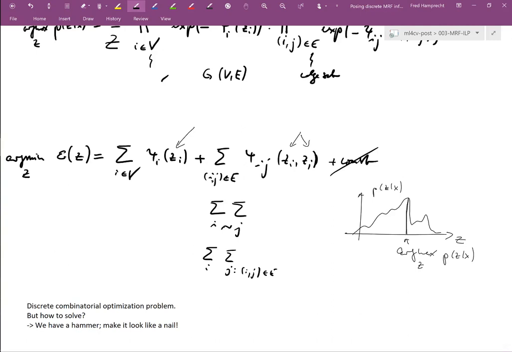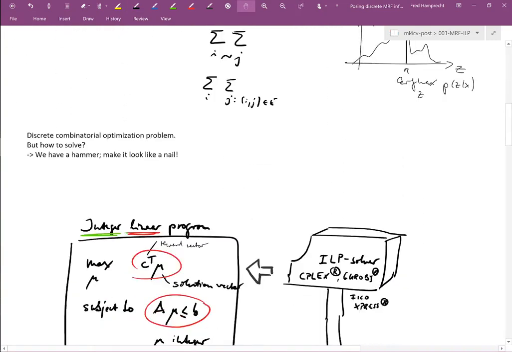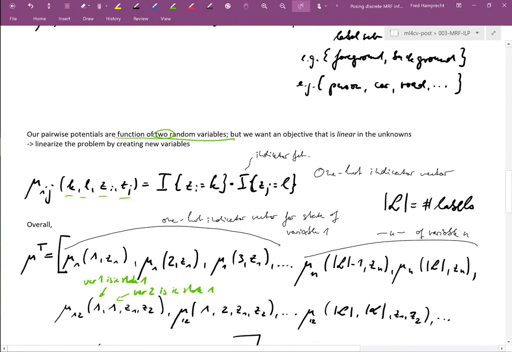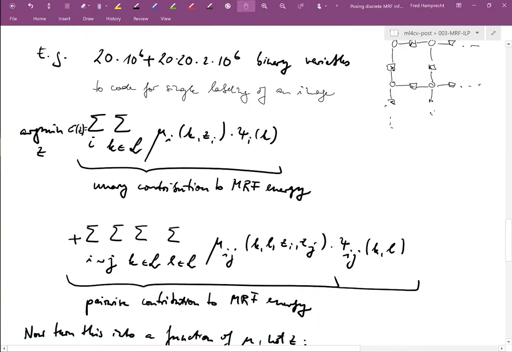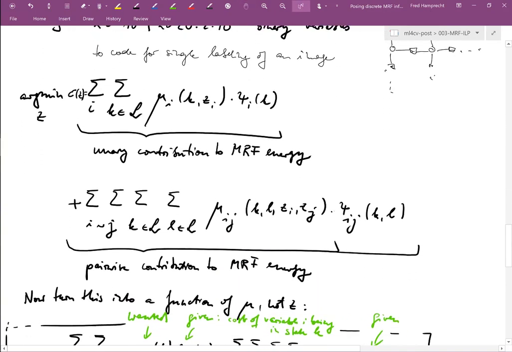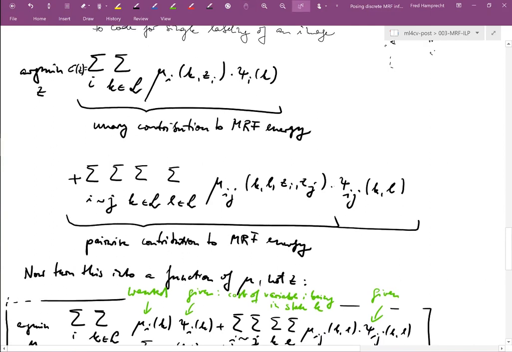And now I'm going to rewrite the same energy still as a function of Z, but I'm now expressing it through these mu's. Here we go. It's the same energy depending on the same variable Z, except now I'm using these indicator variables.